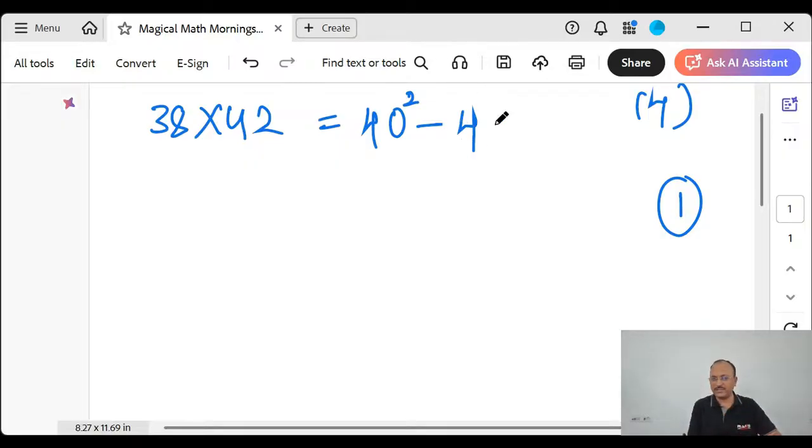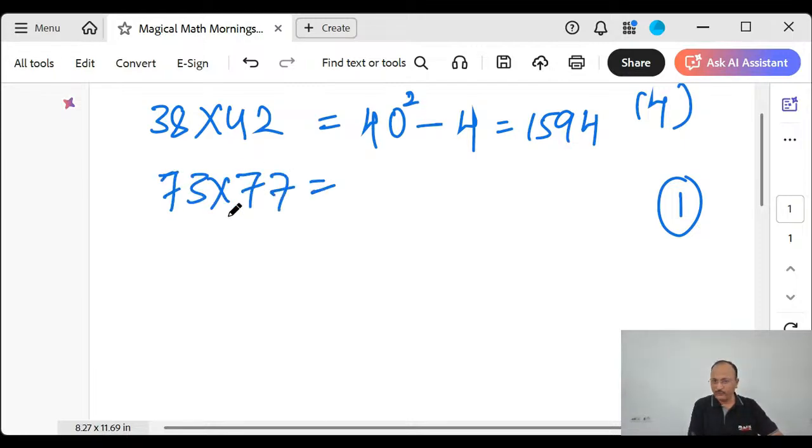But for the time being, let's do this. 40 square is 1600 minus 4, which gives 1596. Now let's take 73 into 77. What we do, the middle number is 75 square. From that we are going to subtract 4. 75 square is 5625, minus 4 is 5621.